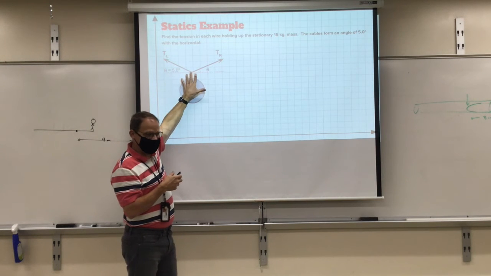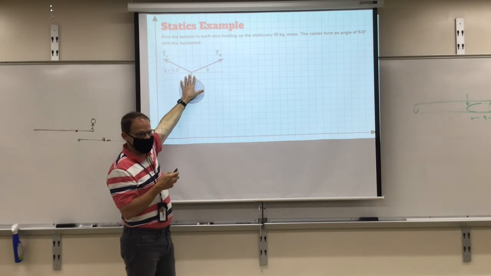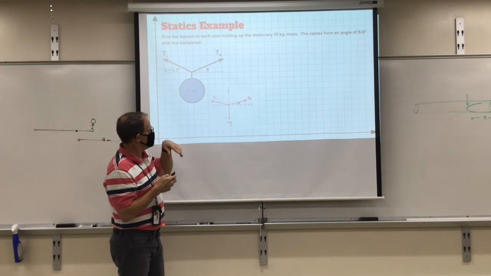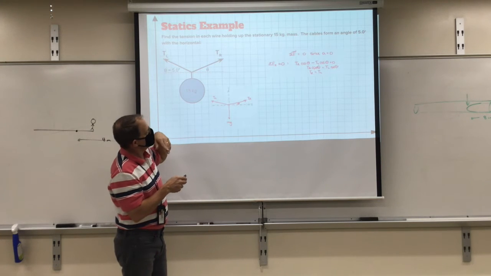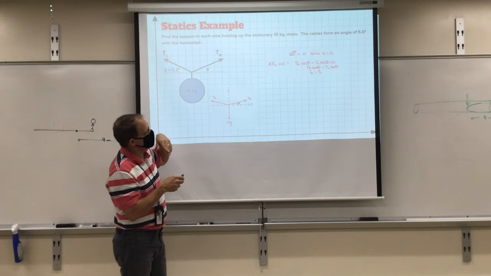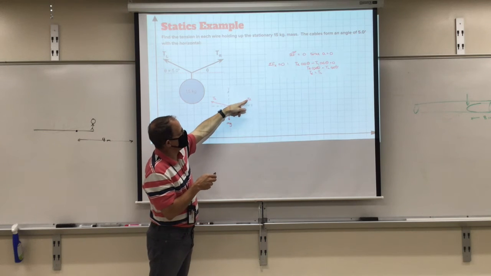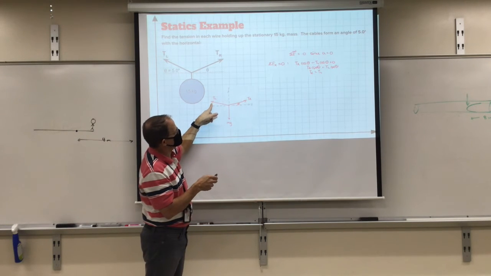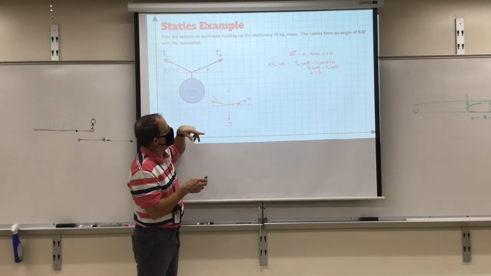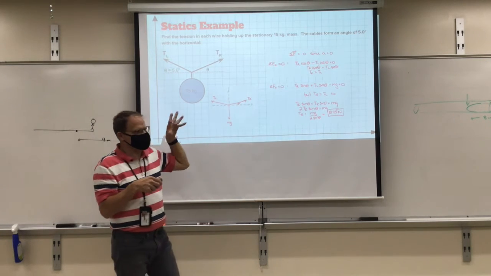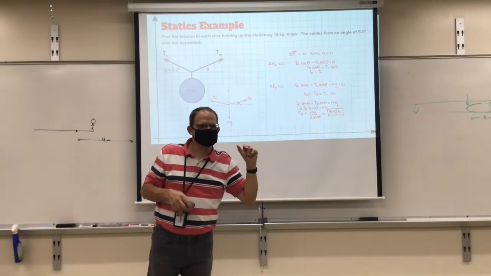But if it's static, if it's not moving, the forces must be balanced, right? So the sum of the forces in the x is 0. So that means the horizontal component of this, T cosine theta minus T left cosine theta, equals 0. And then we did it in the y direction and we solved the problems. You guys vaguely remember this?